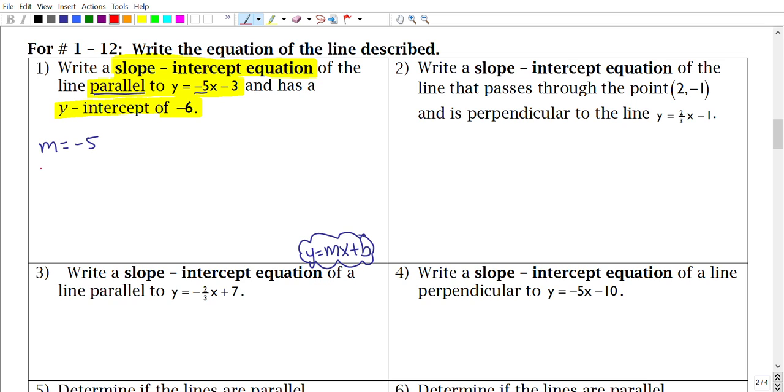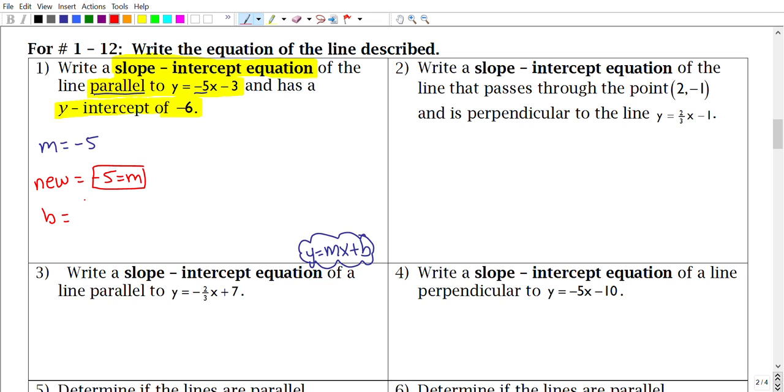My new slope that I need has to be the same because it's parallel, so it's also -5. Okay, so my slope is -5, and I was actually given a y-intercept, so it's kind of nice because that's already my b. So I have everything I need to go ahead and write my slope-intercept form.